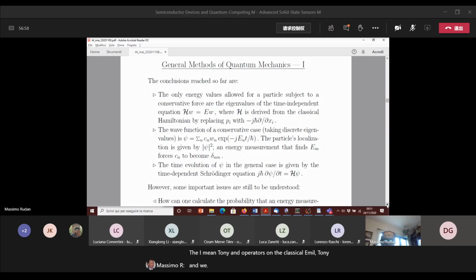We replace each component of momentum, p_i, with an operator that we call the momentum operator, that is minus j h bar derivative with respect to the coordinate, with the space coordinate of the same index i as the momentum.